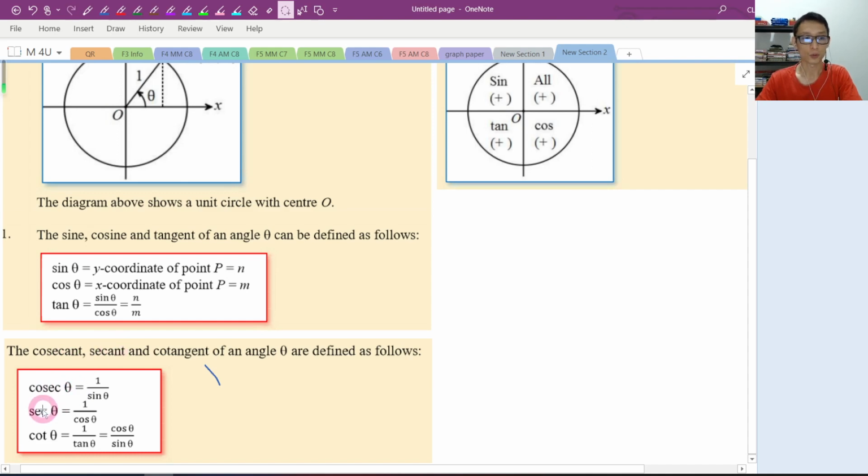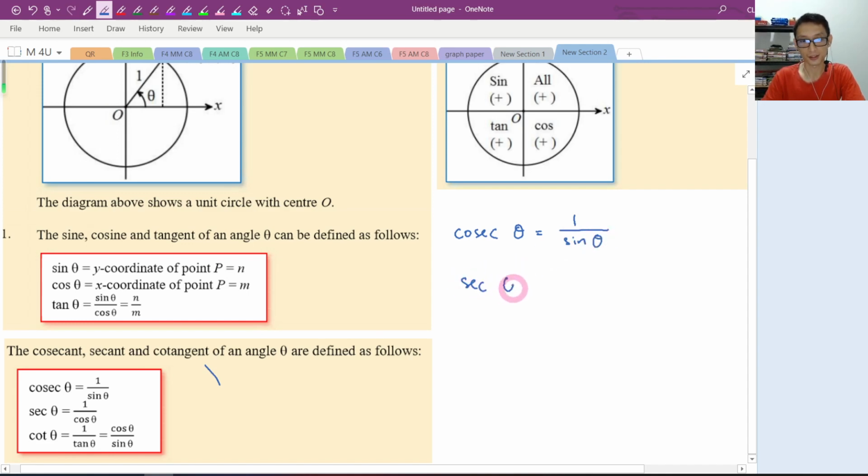For secant, we just write SEC, the short form of secant. And for cotangent, we just write COT, the short form for cotangent. So cosecant is equal to 1 over sine. Let me write over here: cosecant is equal to 1 over sine.